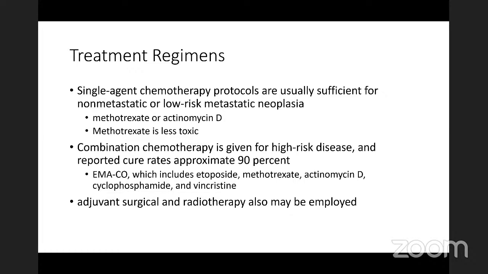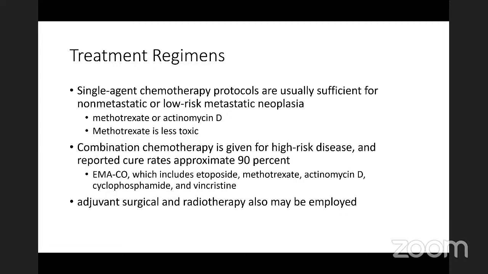Okay, regimens. It could be single agent. Most common would be your methotrexate, since methotrexate is less toxic than your actinomycin. You could also use combination chemotherapy for high-risk disease, and cure rates are reported to be as high as 90%.